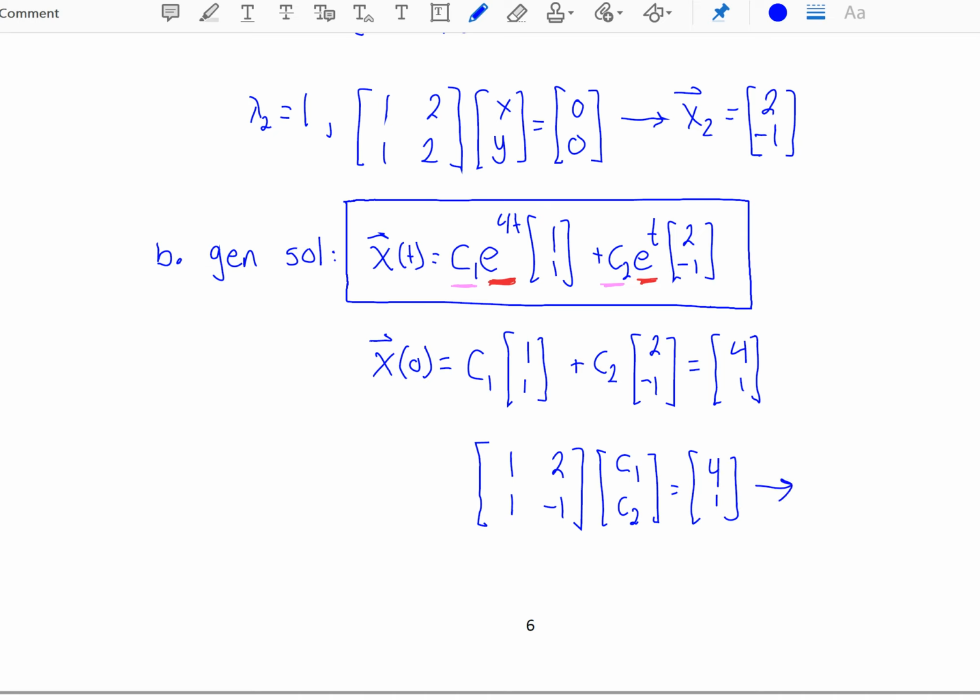Notice that what I've written here is a matrix equation of the form AX equals B. And you could use a variety of techniques for solving this equation: an RREF matrix, an inverse matrix, Cramer's rule. However, generally I like using the RREF approach.